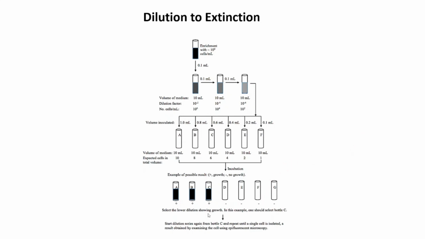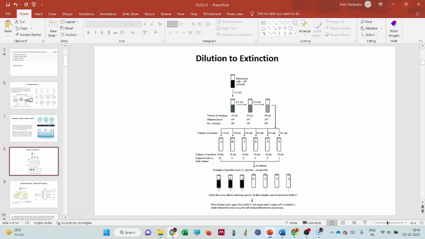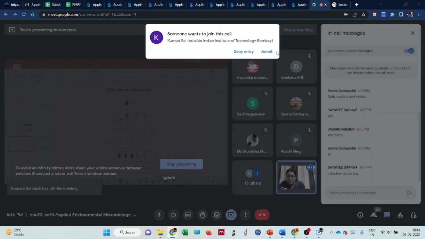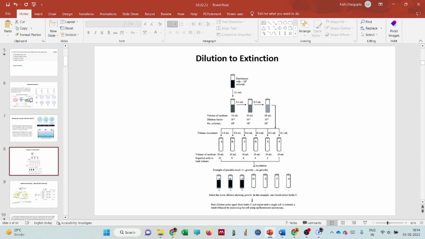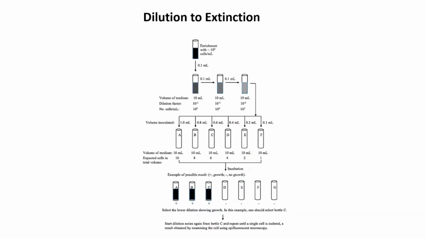Further dilutions should obviously show lesser growth. As you can see from this, the black ones show that there's probable growth in there, and these do not show that kind of growth. We can start the dilution series again from C and repeat.